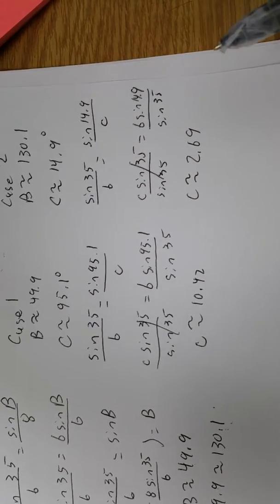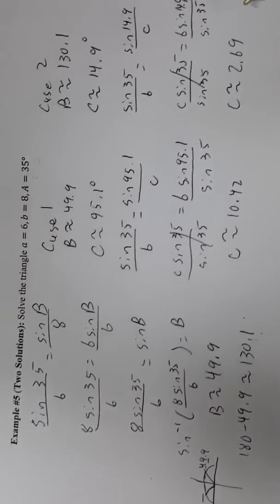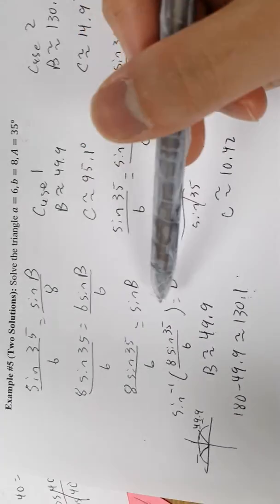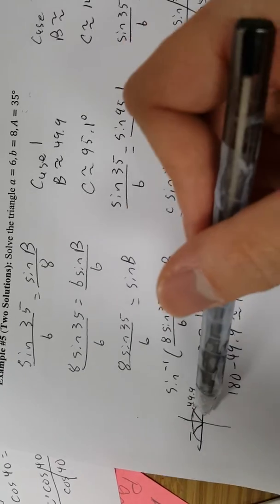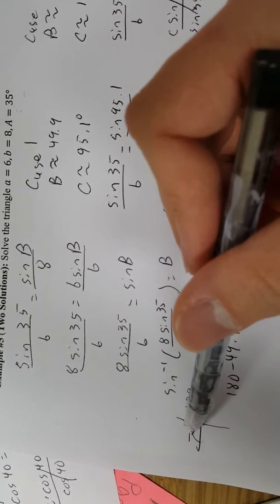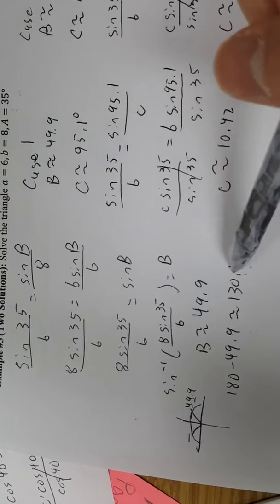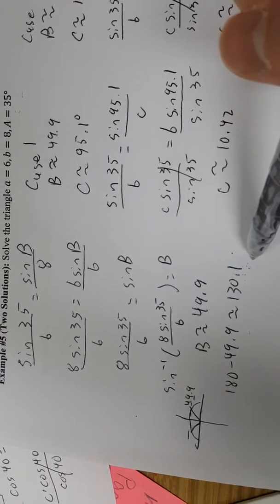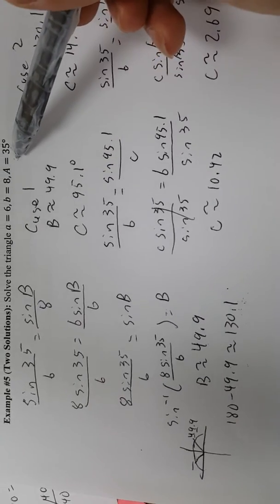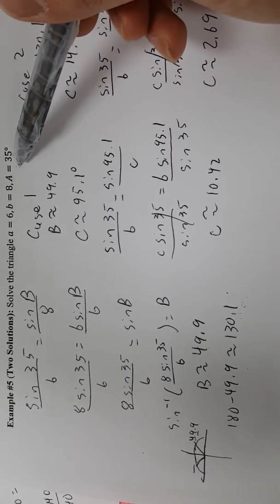And there. So in this problem again, here's the steps. You find angle B by using law of sines. Then you have to check what is the other angle that has the same sine. Now, once you do it, you get 130.1. And now you have to check with the original problem that you can still form a triangle with that.